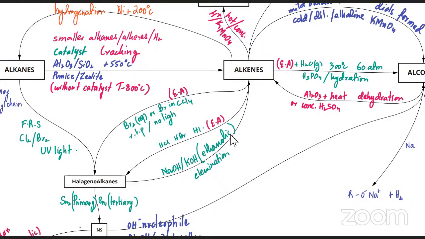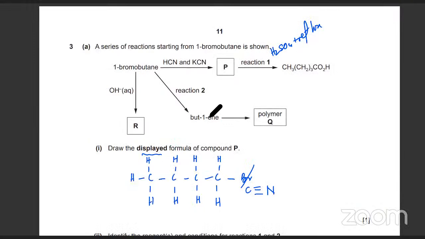When you do that, it will turn back into an alkene. That's going to be an elimination reaction. So it's going to be NaOH, ethanolic. That is what will happen in this case.